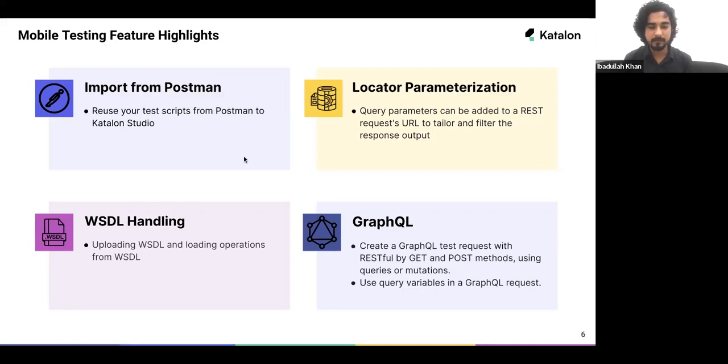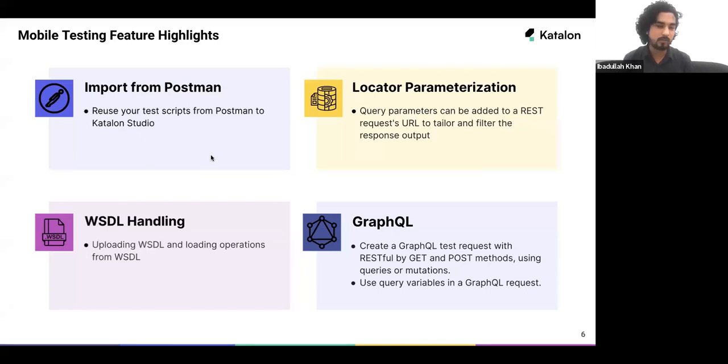We had a plan to discuss GraphQL as well, but due to time constraints, we couldn't. If you know about GraphQL, it is similar to REST APIs, but it only has one endpoint, and there is dedicated support for GraphQL in Katalon Studio.